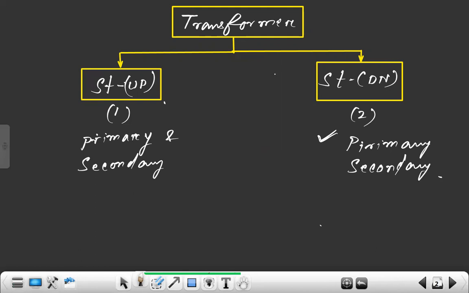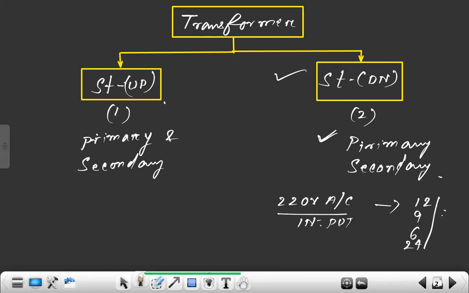So in a step down transformer, when we apply 220-volt AC as input, we will be able to get 12 volt, 9 volt, 6 volt, 24 volt, and different values as an output voltage.